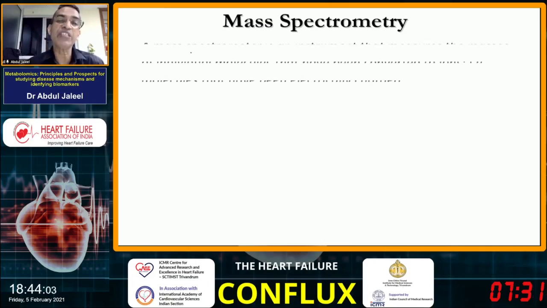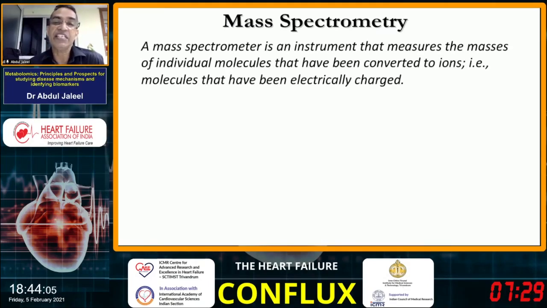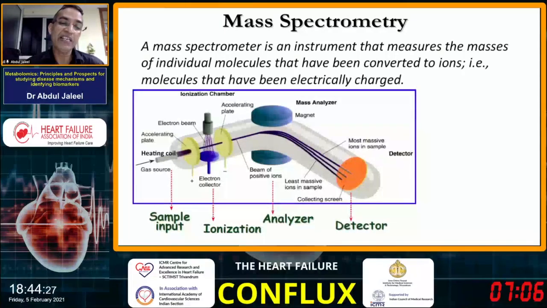Mass spectrometry is an instrument that measures the masses of individual molecules that have been converted into ions, that is, molecules that have been electrically charged. The principle is that charged particles deflect in a magnetic field, depending on the mass to charge ratio of that ion. This is a schematic representation of a mass spectrometer.